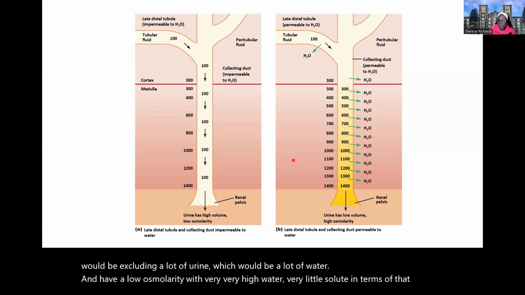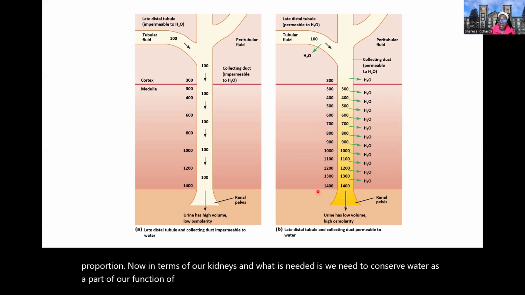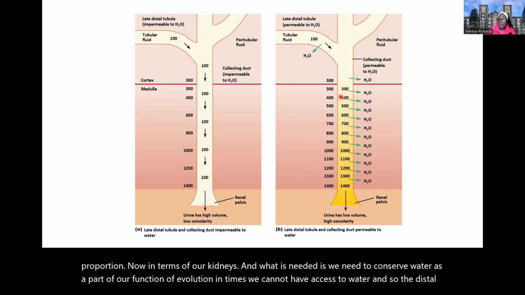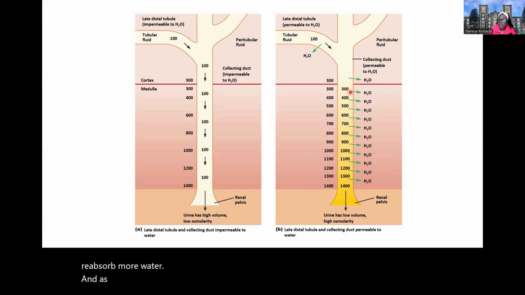Now, in terms of our kidneys, we need to conserve water as a part of our function of evolution in times when we cannot have access to water. And so the distal tubule and collecting duct have the ability to insert these aquaporins so that we can reabsorb more water. And as we do that, we concentrate the urine.